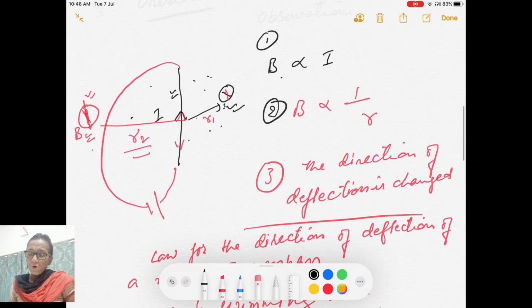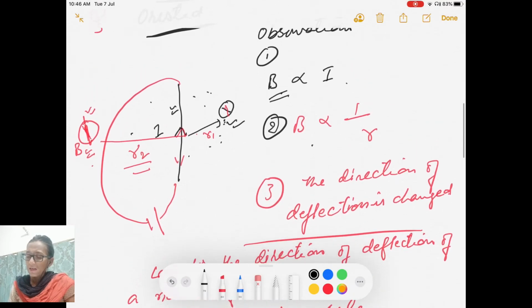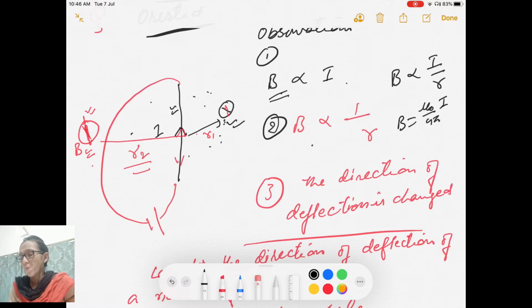Now, Oersted observed that the strength of this current carrying conductor at different points, that strength that we consider as magnetic field, is proportional to current and inversely proportional to R. When you combine the two, you get I upon R. And the magnetic constant is always taken as mu naught upon 4 pi.